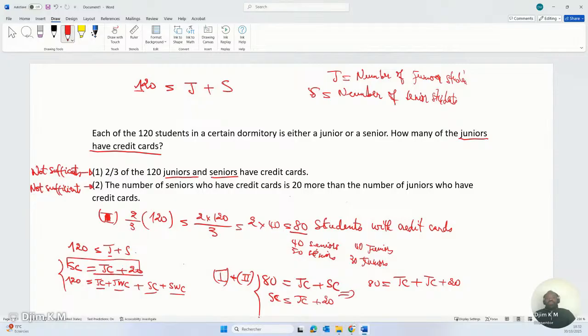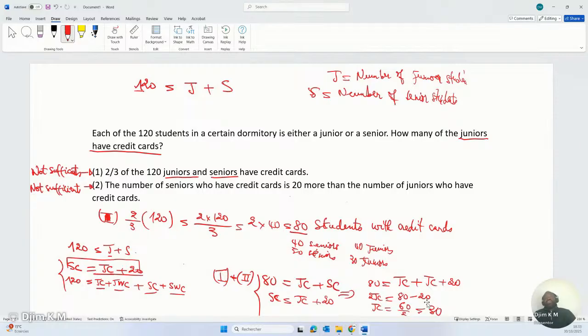Okay, so now we are going to have two juniors with credit card, 80 minus 20. So the number of juniors with credit card is going to be equal to 60 divided by 2, which is 30. And then we have our value.